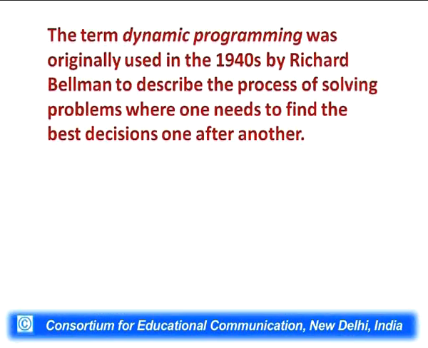The term dynamic programming was originally used in the 1940s, and this term was used basically by Richard Bellman to describe the process of solving problems where one needs to find the best decisions one after another. What is the meaning of one after another?